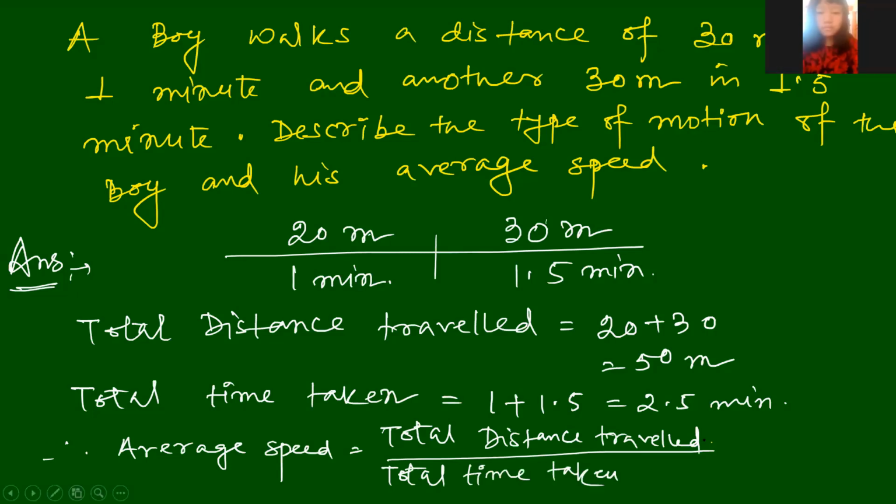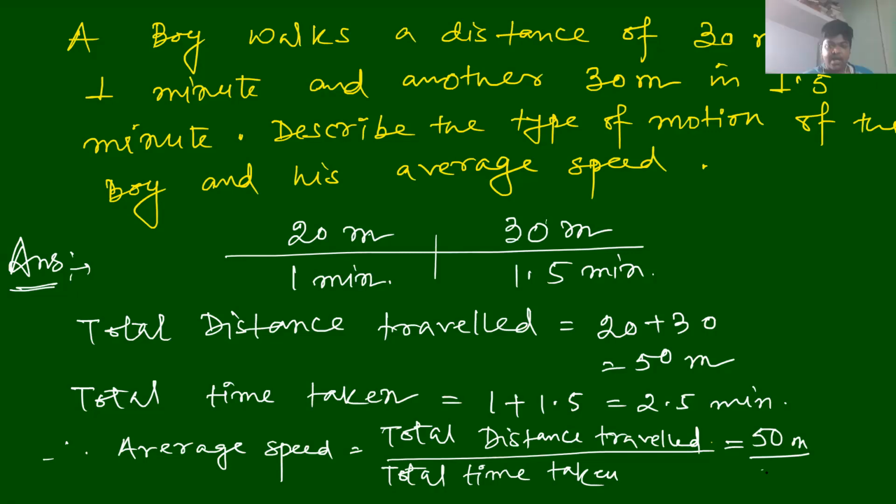This formula we know. So what is the total distance traveled? That is 50 meter. And what is the total time taken? That is 2.5 minutes.